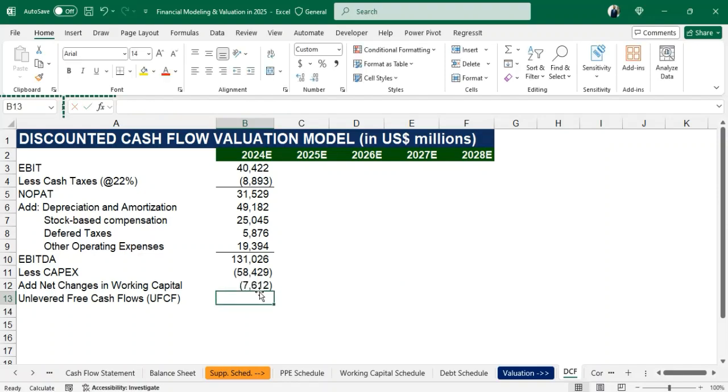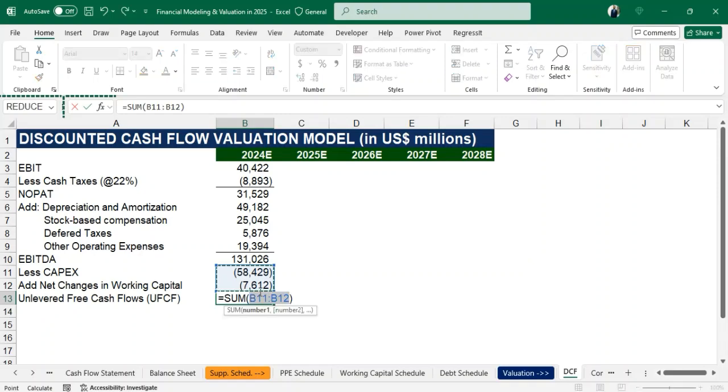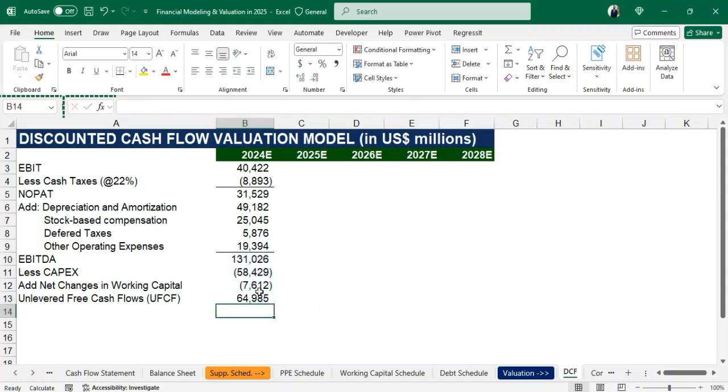All right, then with this we can now find our unlevered free cash flow. So I'll just hit alt equals and use my down arrow key first to select the first item from the bottom, hold shift and use my top arrow to select the rest of the items there and hit enter. So this is our unlevered free cash flows for the first year of our forecast period, which is 2024.